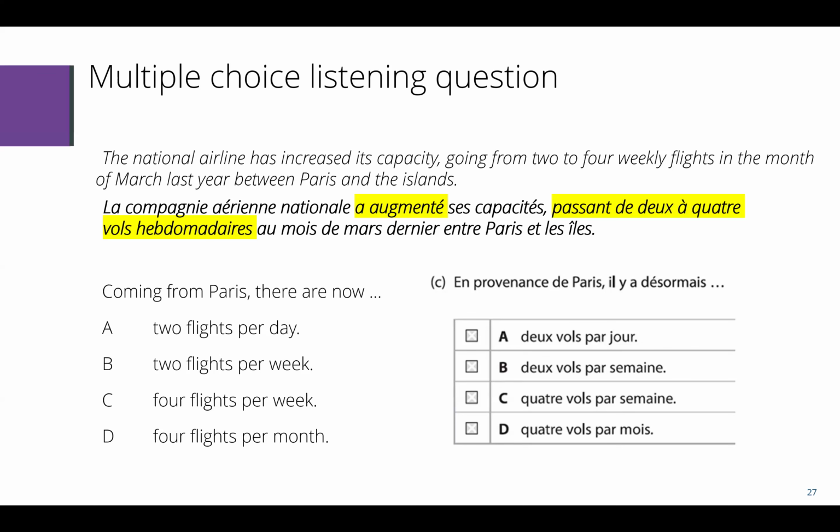So that's how the multiple choice listening questions are devised. And what I would also say is you can see here that sort of 2, 2, 4, 4, and the words 2 and 4 are mentioned within the sentence originally in the text. So there's always something that they've got to sort out, really.